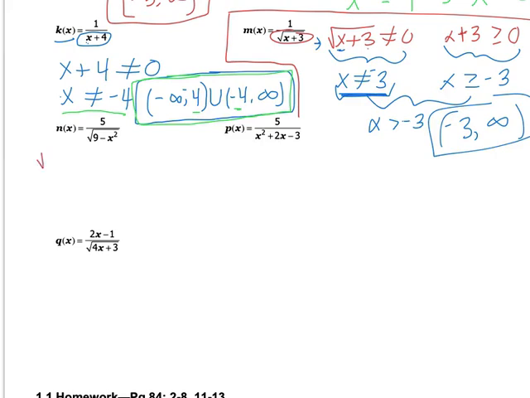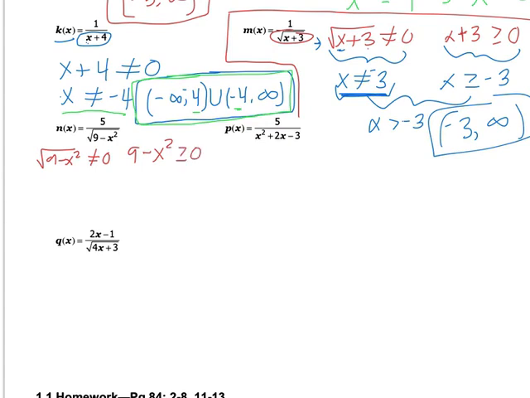So we've got that the square root of 9 minus x squared can't be 0. The only time that will happen is if 9 minus x squared itself equals 0. But because 9 minus x squared is on the inside of a square root function, 9 minus x squared has to be greater than or equal to 0.